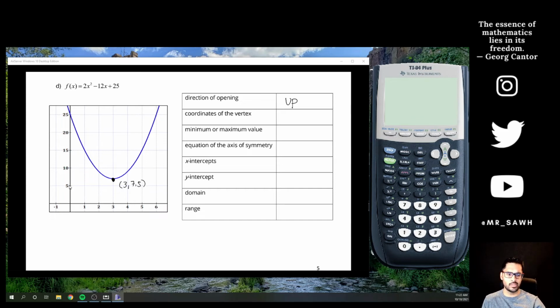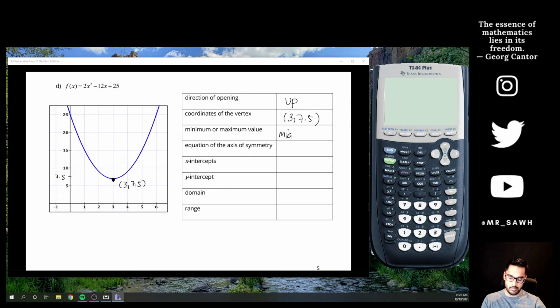I know halfway between 5 and 10 really is, I'm counting by 5s, so I know half of 5 is 2.5. So 5 plus 2.5 is where I got that 7.5 number. Coordinates of my vertex then, let's use those: 3 and 7.5. Minimum or maximum value. Again, it opens up, so I know it's a minimum.